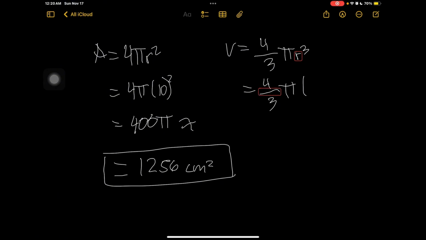Our radius is 10. So 10 to the power of 3. 10 times 10 times 10 is equal to 1000. And multiplied by 4 is 4000. So 4000 pi over 3.